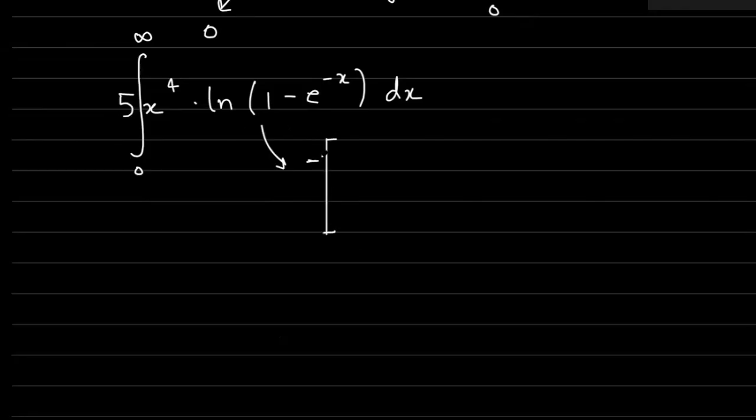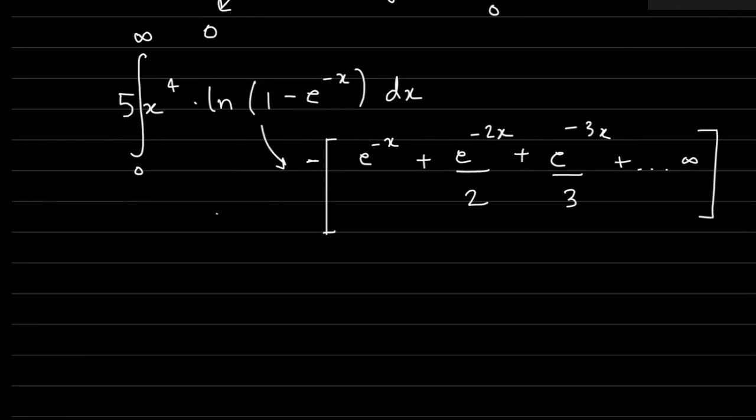I'll take the minus sign common, plus e to the power minus 2x by 2 plus e to the power minus 3x by 3. This is just the expansion of log of 1 minus x, where I have replaced x with e to the power minus x, and so on till infinity. Okay.